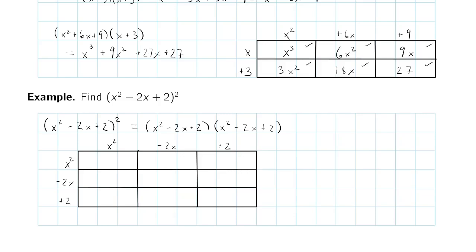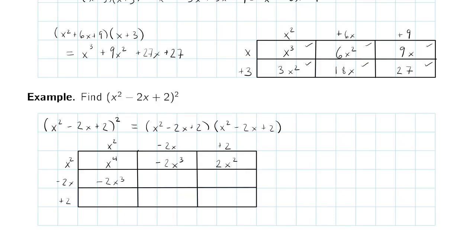All right, x squared times x squared is x to the fourth. X squared times negative 2x is negative 2x to the third. X squared times 2 is 2x squared. X squared times negative 2x is negative 2x to the third.